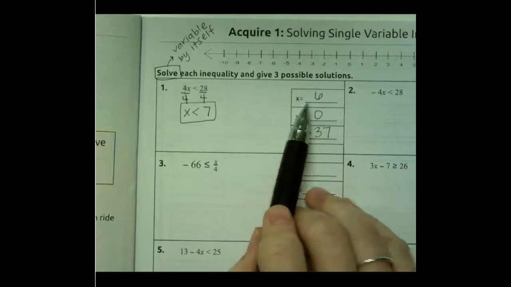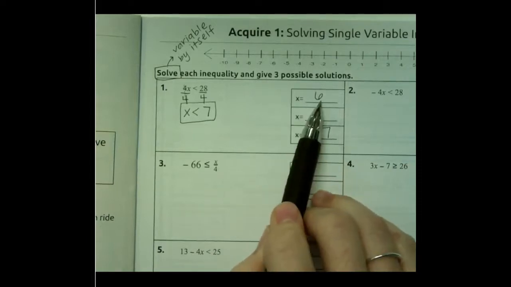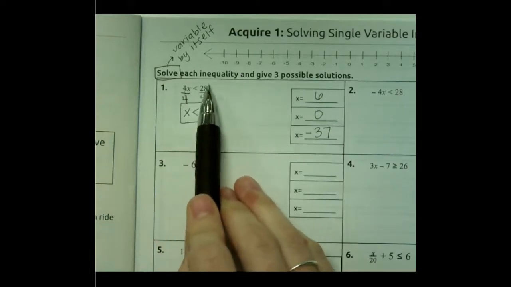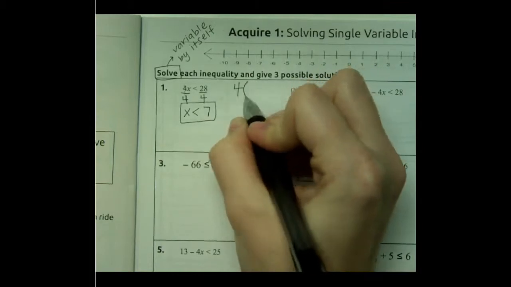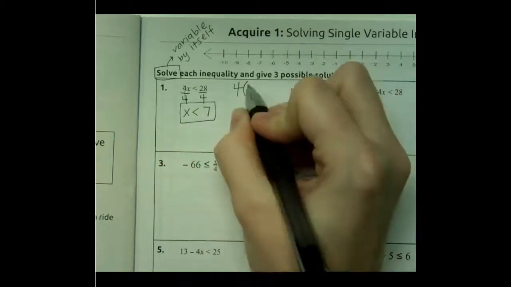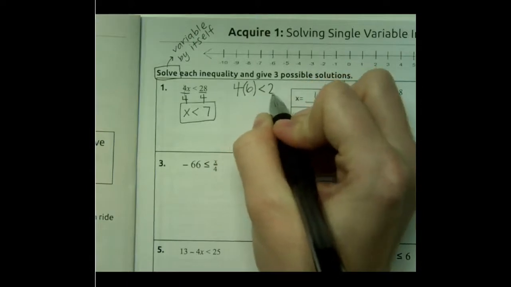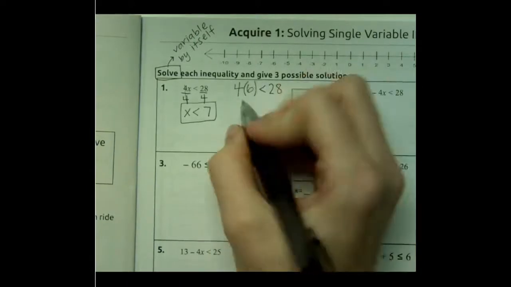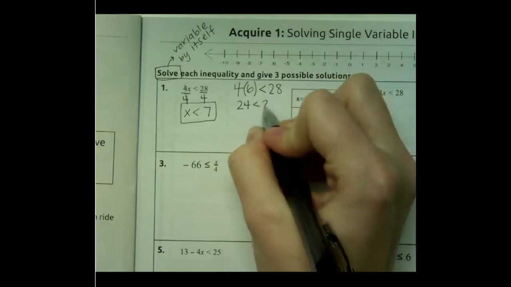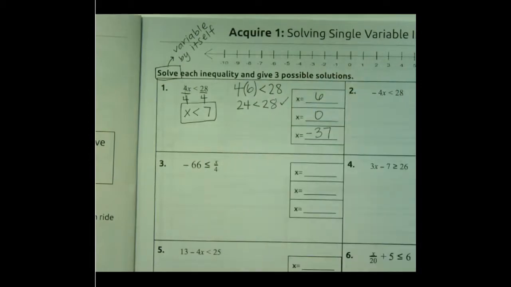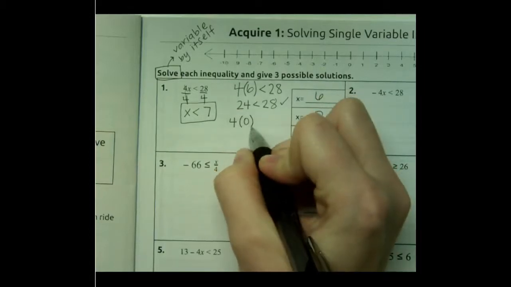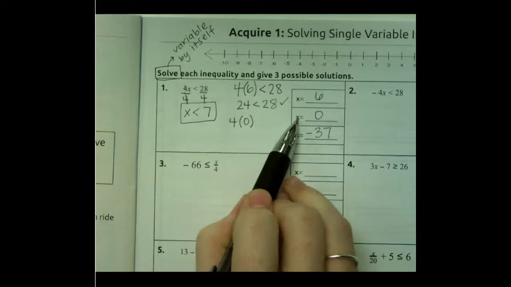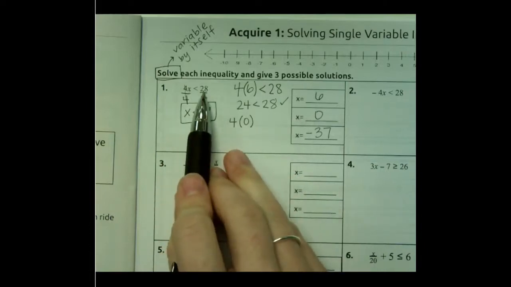The way to check that your answers are correct, to make sure x equals 6 is actually the answer, is to plug it back into the original problem. So we've got 4x, so I'm going to plug in 6. Remember, I chose that answer. We're going to see if it's true. 4 times 6, 24 is less than 28. Check, it works. Got 4 times 0. So 4 times my x is 0, less than 28.